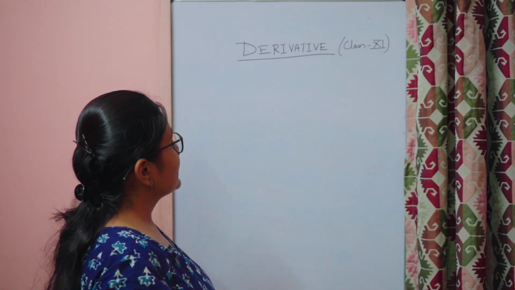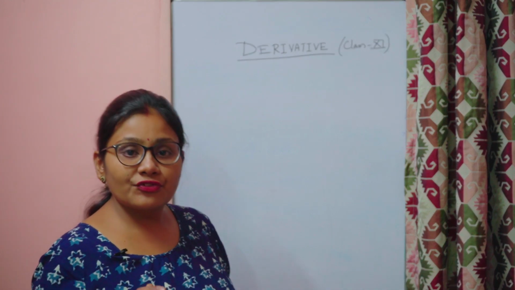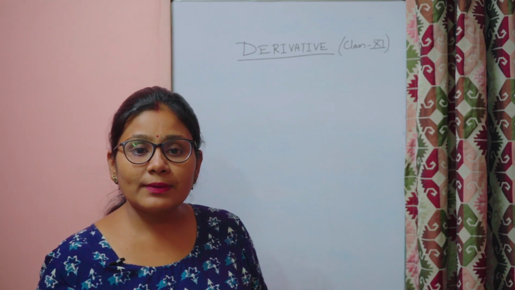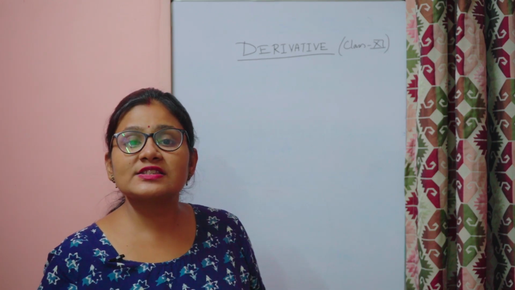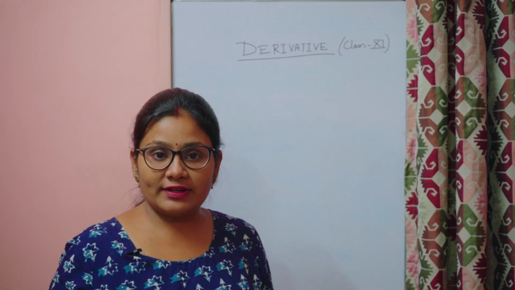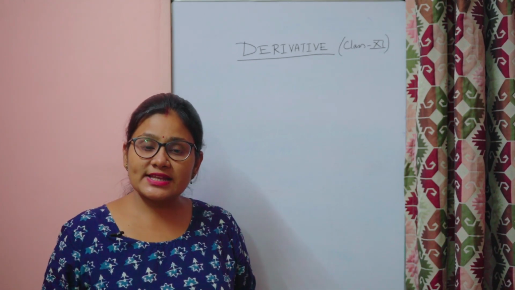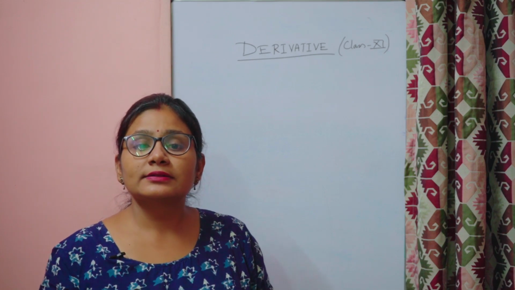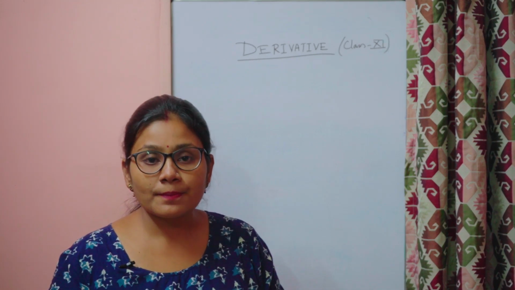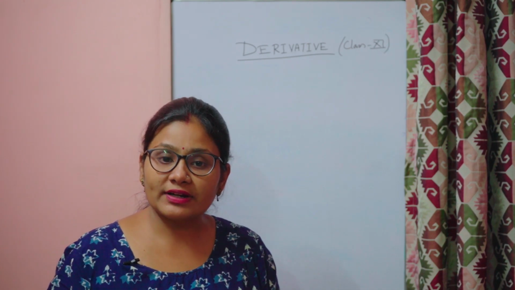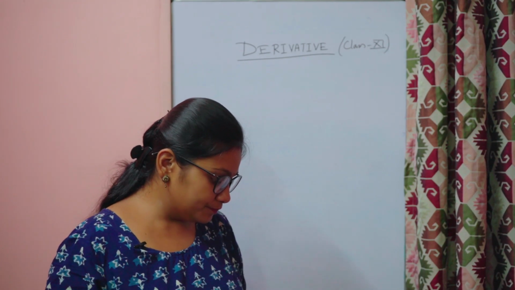So derivative means the rate at which the dependent variable changes with respect to the independent variable. So you can say that the rate of change of the dependent variable with respect to the independent variable is called derivative or differential coefficient.